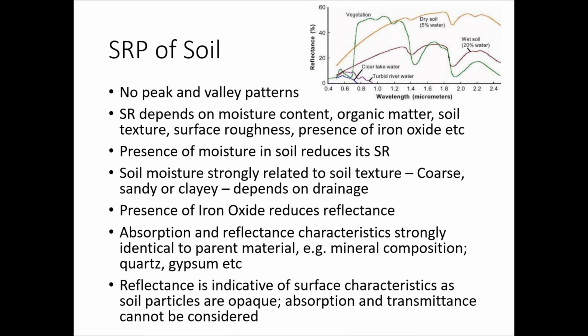Absorption and transmittance is not considered in the case of soils because they are generally opaque, isn't it? So the major influencing parameter here is the reflectance itself, where the reflectance is further dependent upon soil moisture, the soil texture, surface roughness, and presence of some other contents like organic matter or iron oxide. Clear? Spectral reflectance pattern of soil.